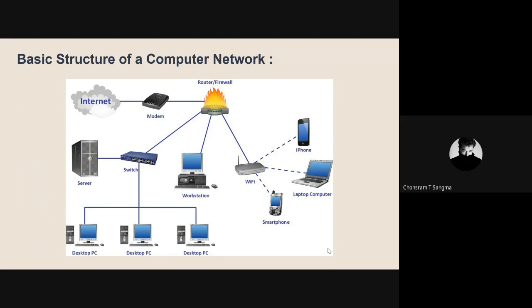So from this diagram, we can take out the definition of internet. What do we mean by internet? The internet is one giant network that consists of many small networks within itself. As we can see, we have switches, we have modems, we have servers. These are known as small networks.